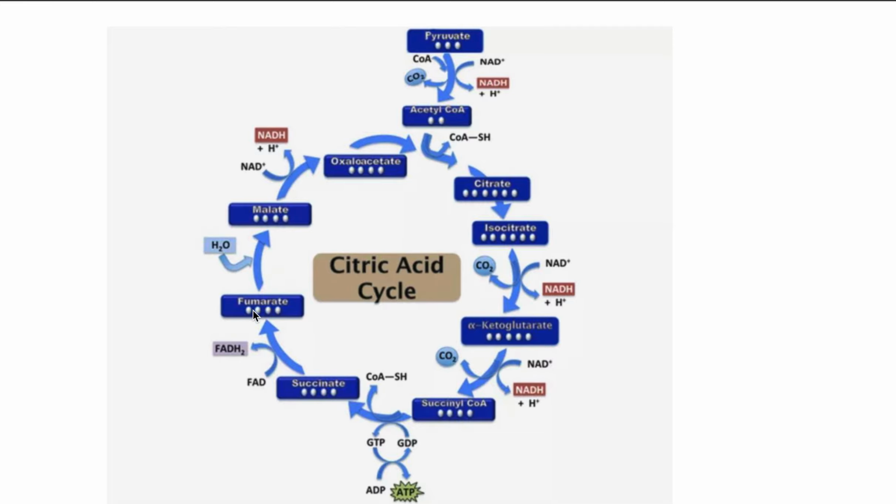Succinate is then converted into fumarate by reduction, meaning addition of hydrogen from FADH2, FAD to FADH2. Then fumarate is hydrated by water to form malate. Then again hydrogen is removed by NAD positive to form oxaloacetate from malate, and then the cycle repeats again and again.